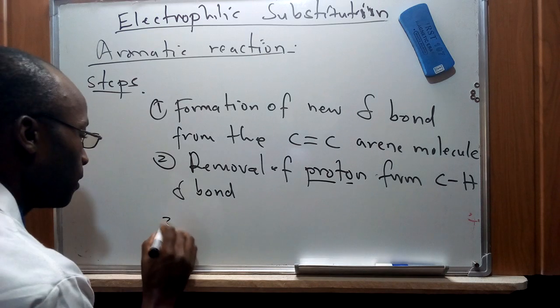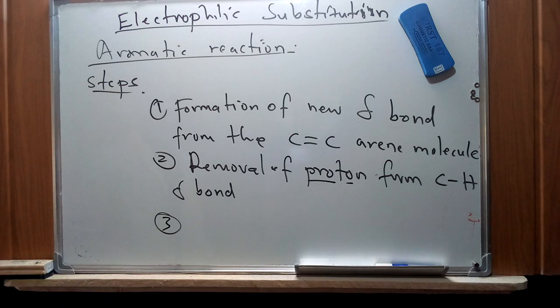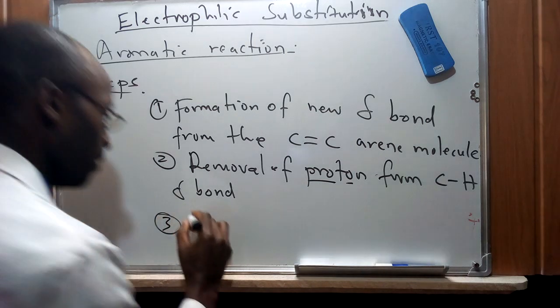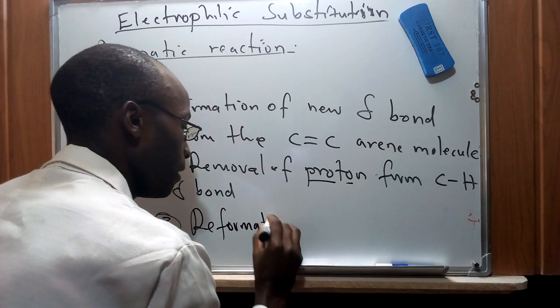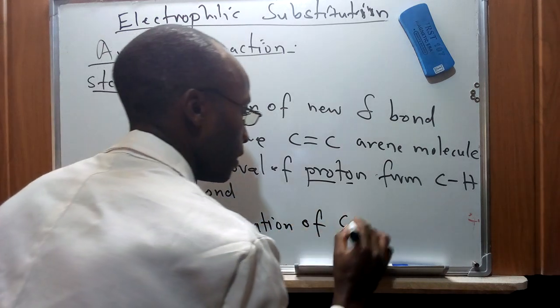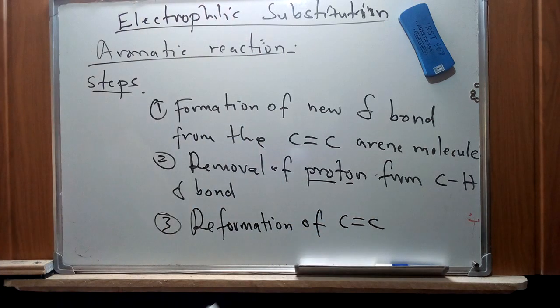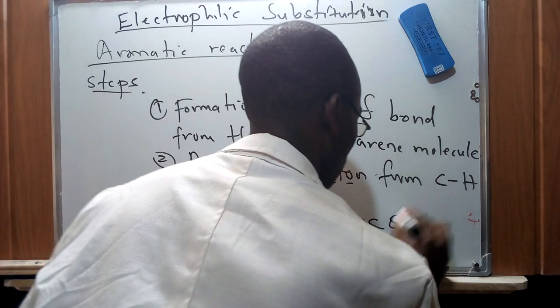And then lastly, for this electrophilic substitution aromatic reaction, the last step that we're going to talk about is the reformation of the double bond. This is the formation of the carbon-carbon double bond and the restoration of aromaticity.